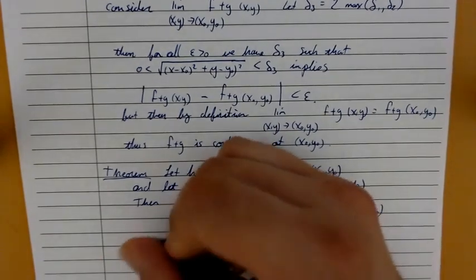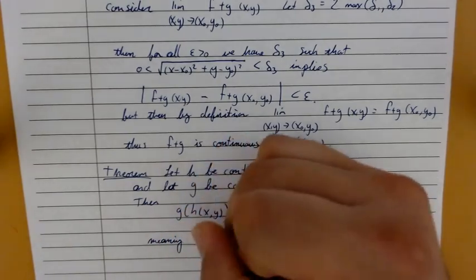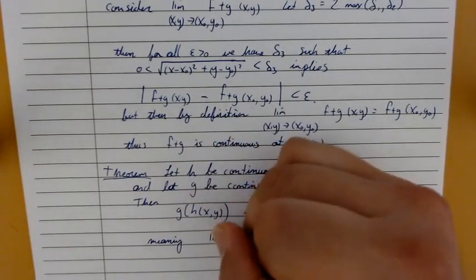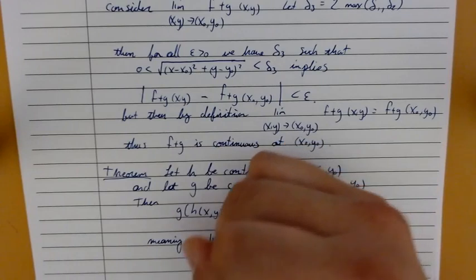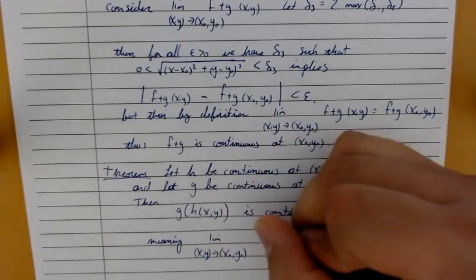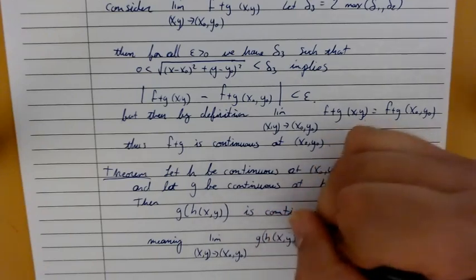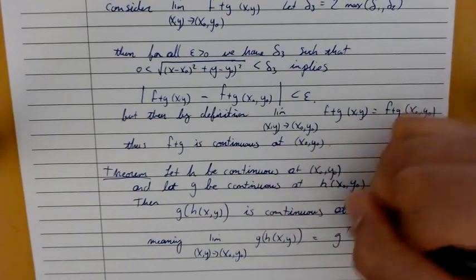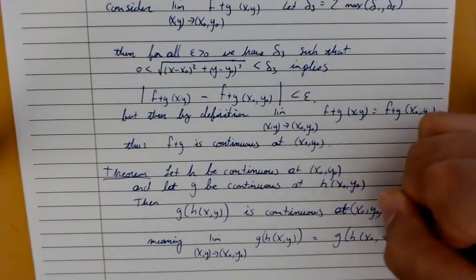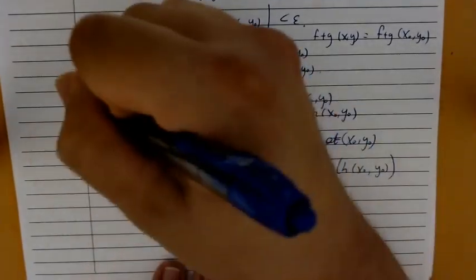Or in other words, meaning if you take the limit as (x,y) approaches (x naught, y naught) of g of h of (x,y), you'll get g of h of (x naught, y naught).